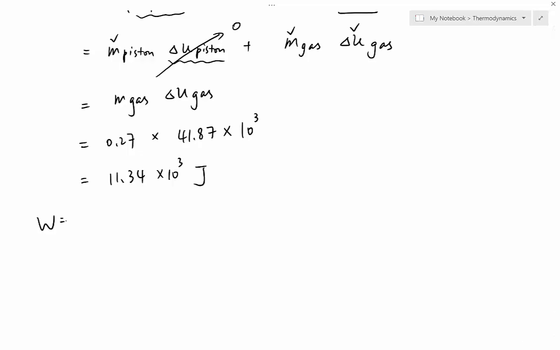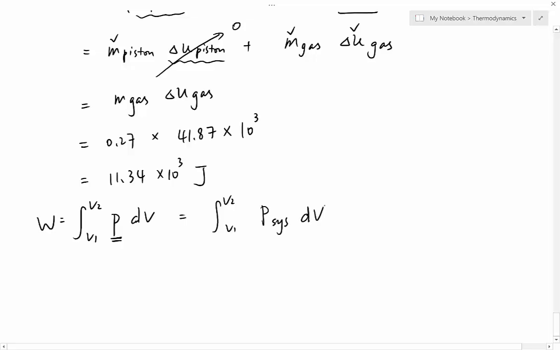What is the most fundamental equation for work? Integral P dV from V1 to V2. Okay, and now this time, what is the pressure? Is it P atm or is it P gas? This is always P of your system. The integrand must be the pressure of your system.